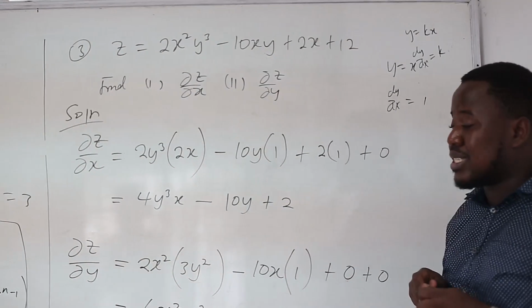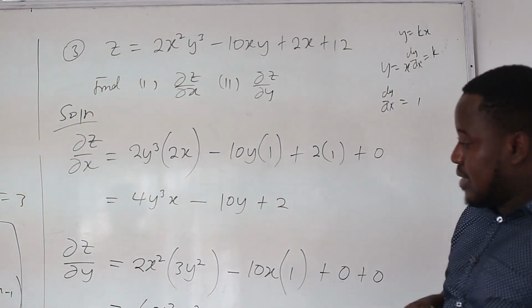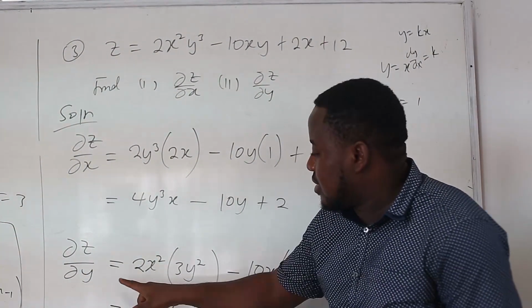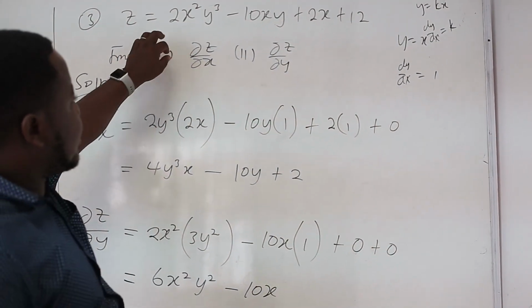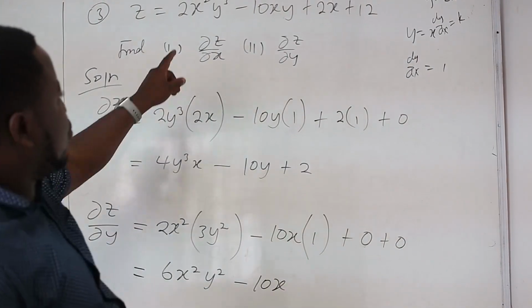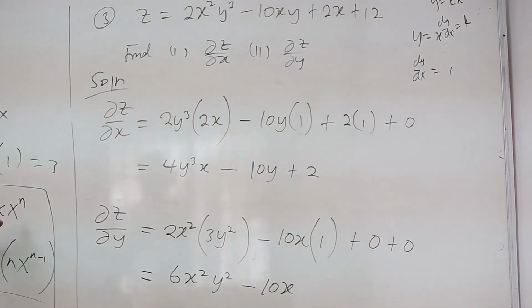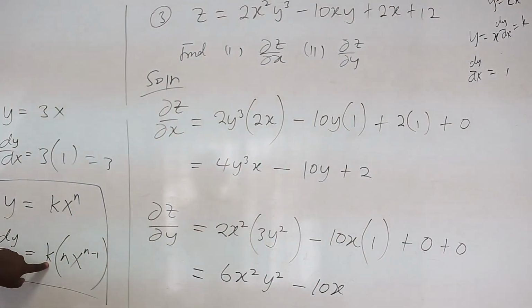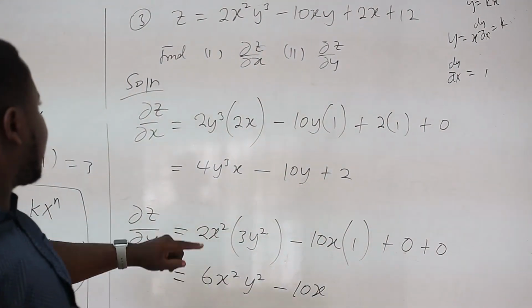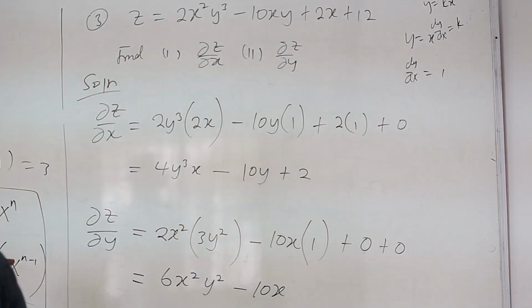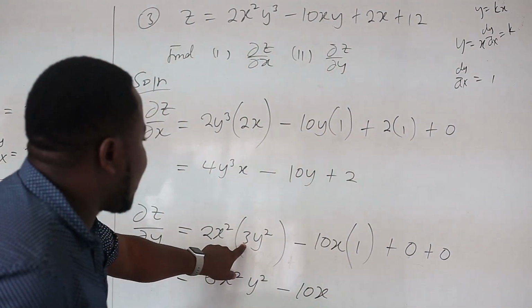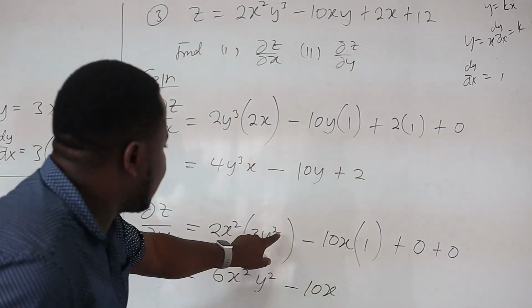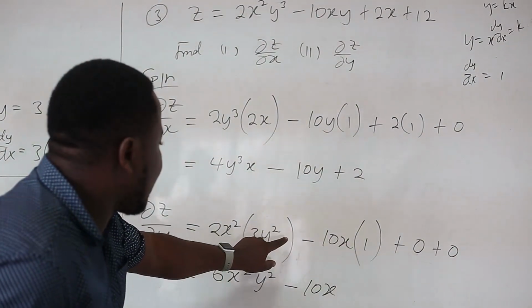Now, if you are differentiating with respect to y, dz dy is equal to, in this case, x is now constant. So 2x squared will act as our k. So bring them out. Then we'll differentiate y cubed, so like x to the power n. So n comes down, so 3 comes down, y, then 3 minus 1 will give us 2.